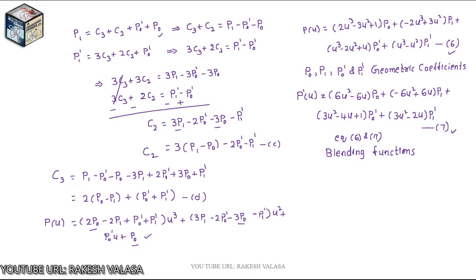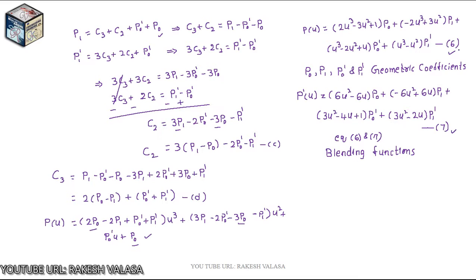The first two functions blend P naught and P1, and the second two blend functions are P naught dash and P1 dash to produce the left hand side in each equation.